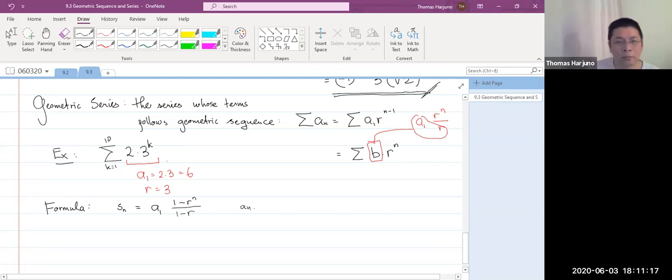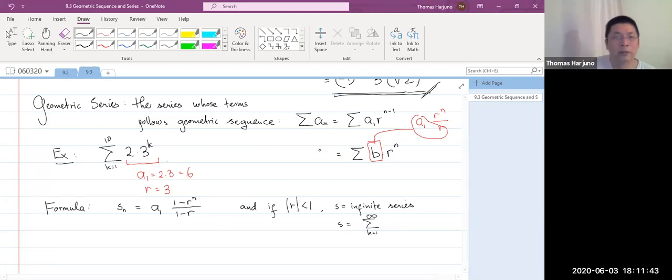And if the magnitude of r is less than 1, S, which is the infinite sum, the infinite series, so you add up to infinity, is given by the first term over 1 minus r.